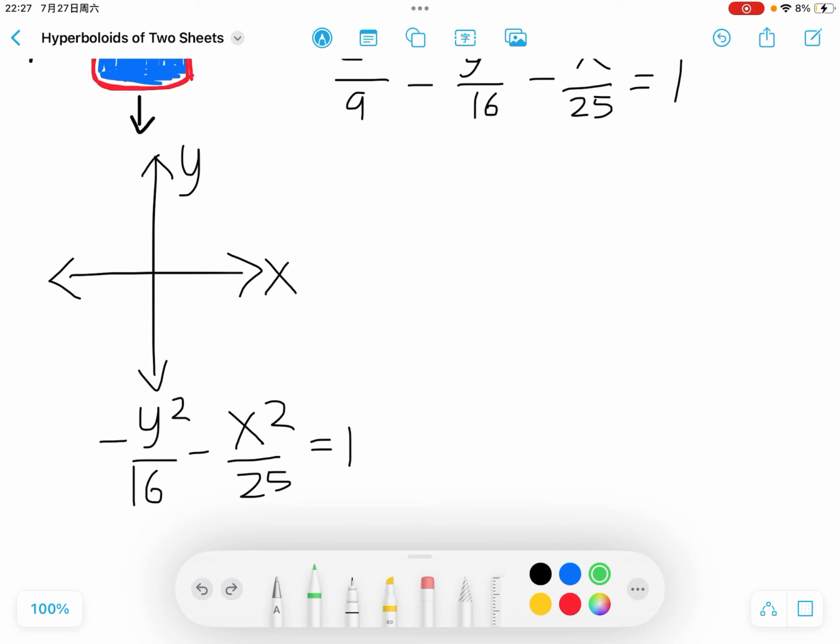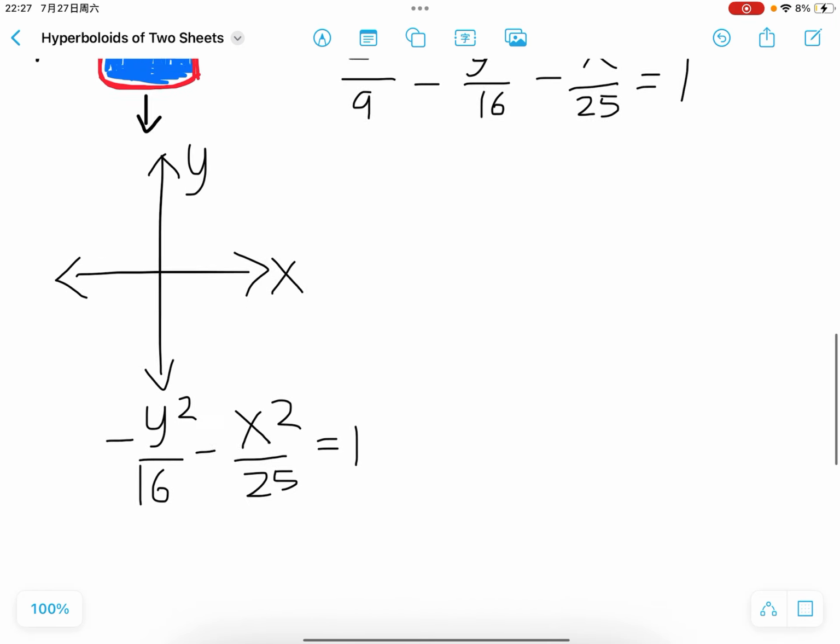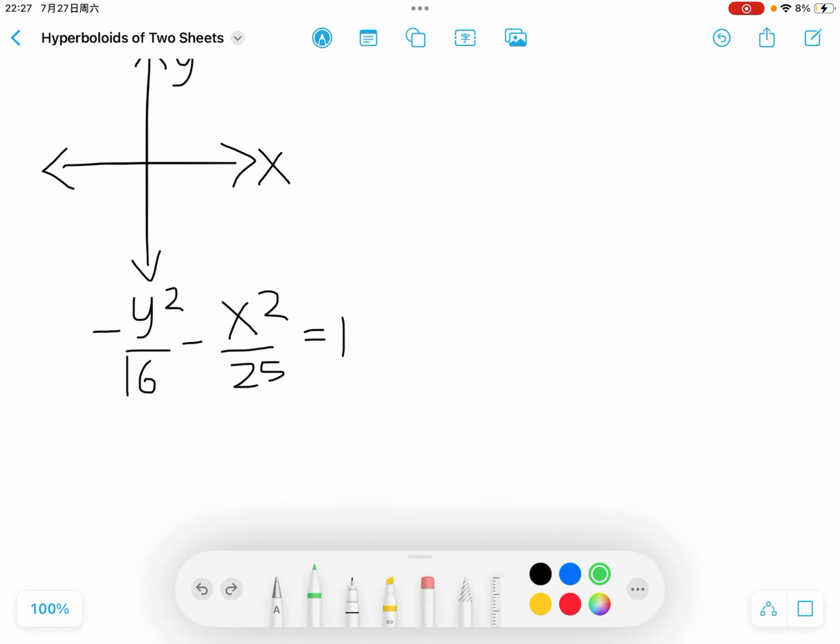But we still want a point of view from top to bottom, somewhere parallel to the xy plane, right? So we can just let z equal a value so that the right side is negative 1. If z squared is 18, then we have this value.